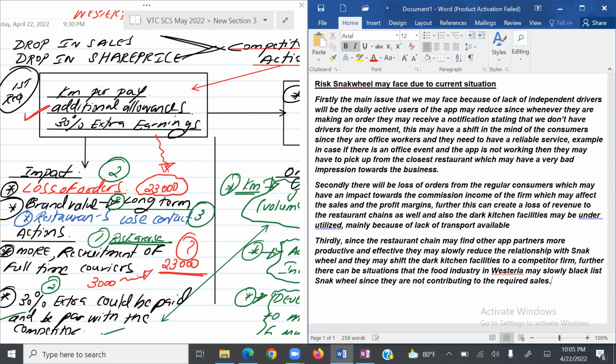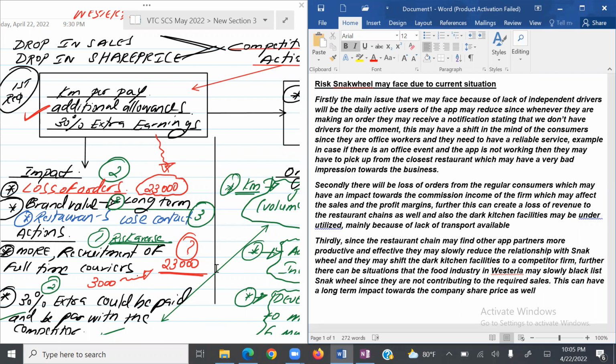Get this point of view very, very well. This can have a long-term impact towards the company share price as well.